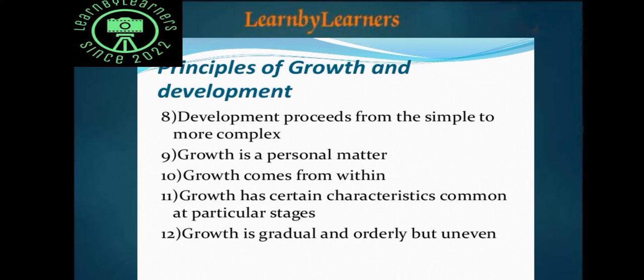Growth comes from within, and growth has certain characteristics common at a particular age also, right? Growth is gradual and ordinary but uneven. Okay, so these are the principles on which growth and development work.